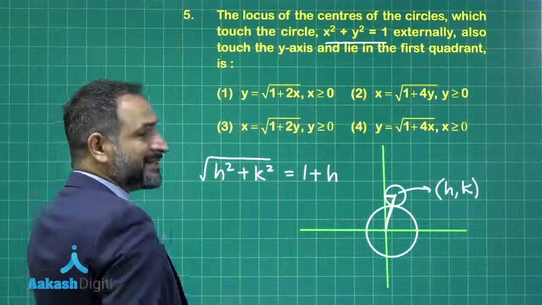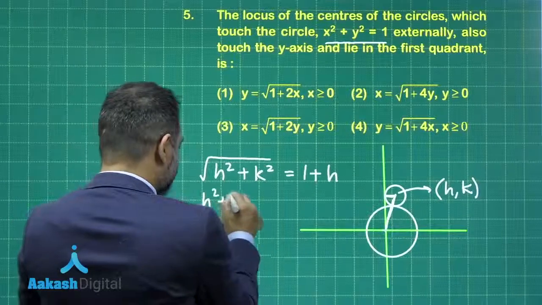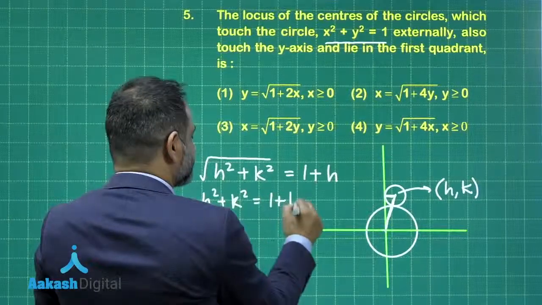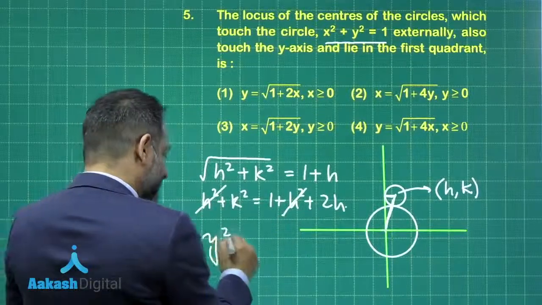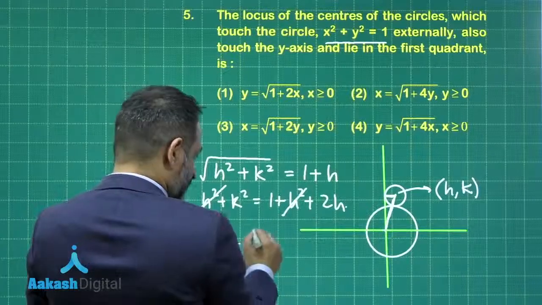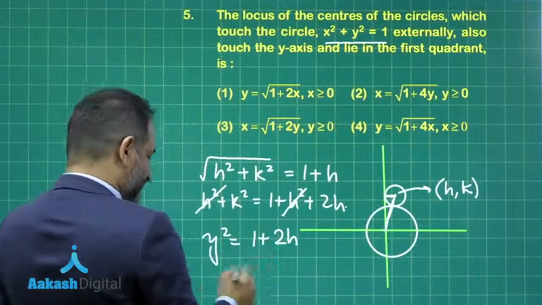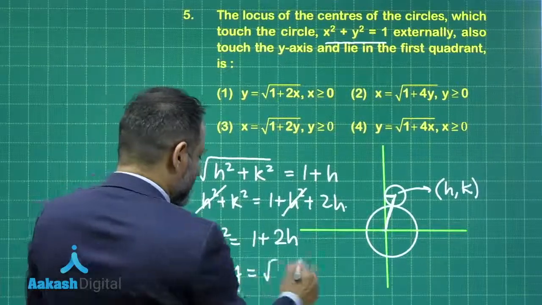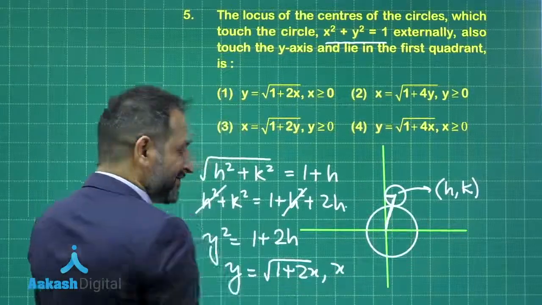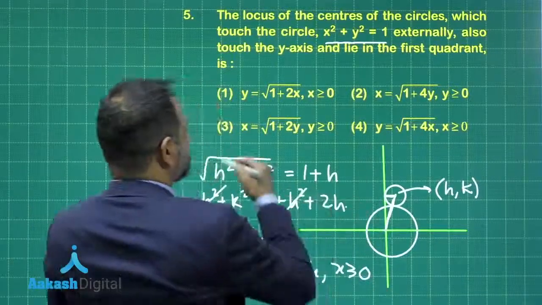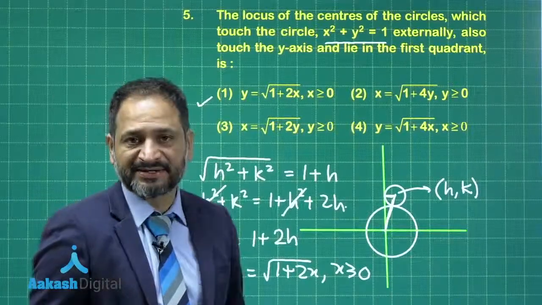So squaring and replacing h and k with x and y, we have y square is equal to 1 plus 2x, and again y is equal to under root of 1 plus 2x, where x definitely in the first quadrant, so x is greater than or equal to 0. So first option is the correct one.